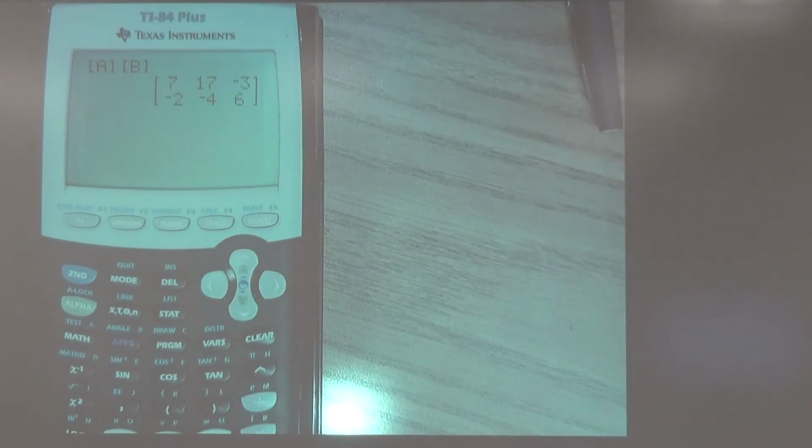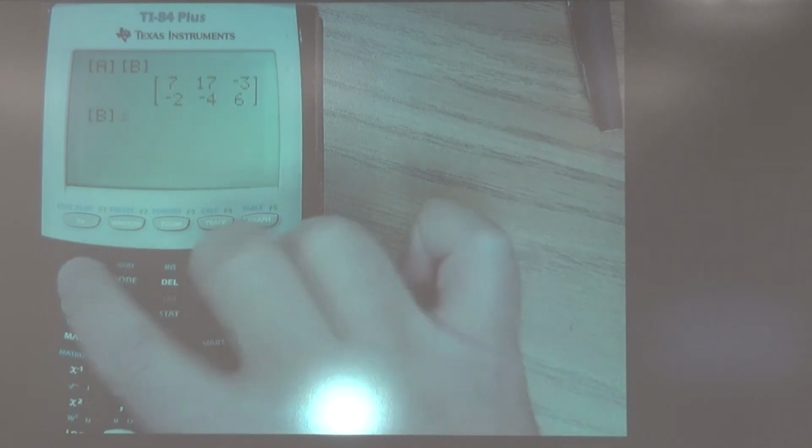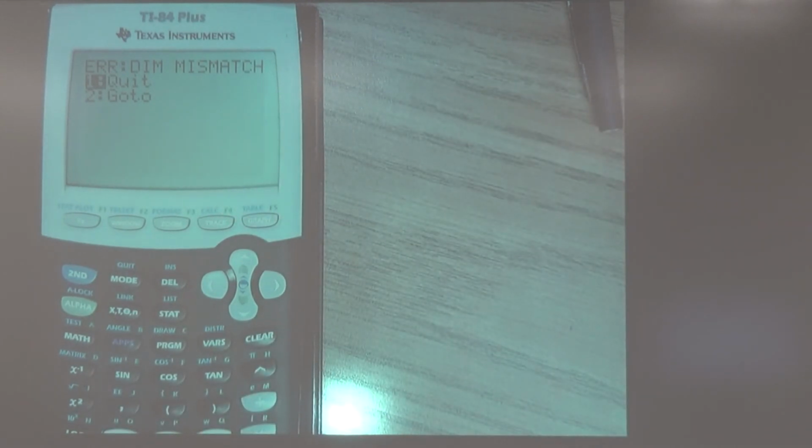What would happen if we did B times A? So matrix, choose B. Matrix, choose A, equals dimension mismatch. They are not of the correct dimension, because in that case we would have a 2 by 3 multiplied by a 2 by 2, and the inner numbers have to match up, and they do not in that case.